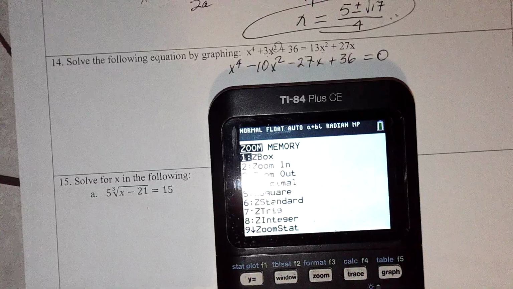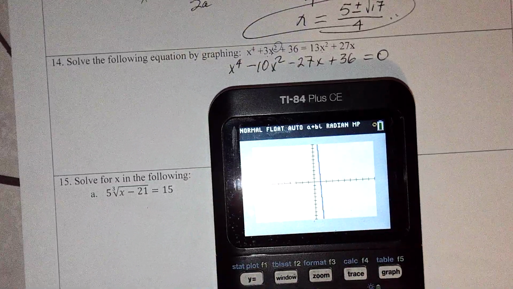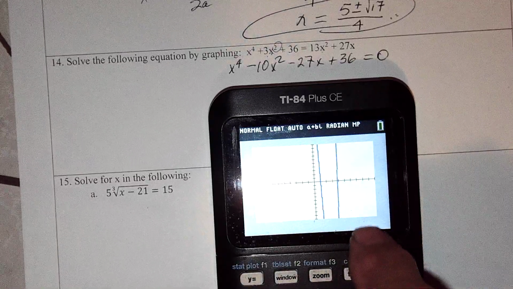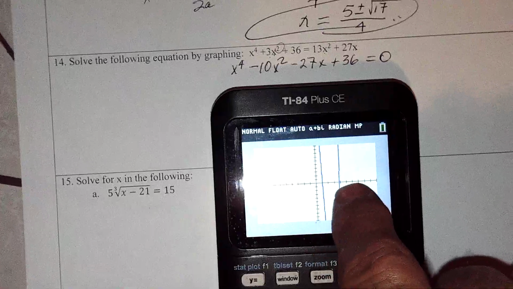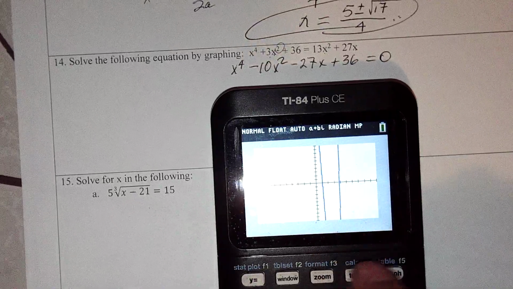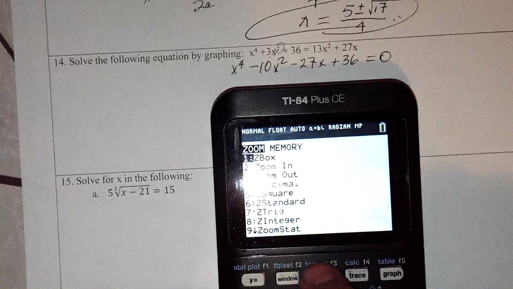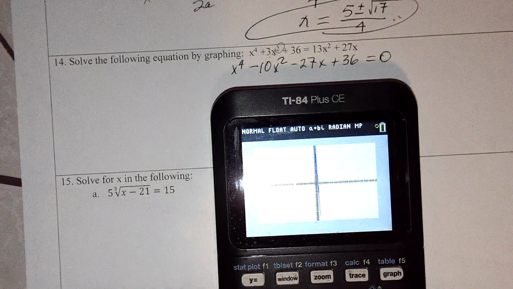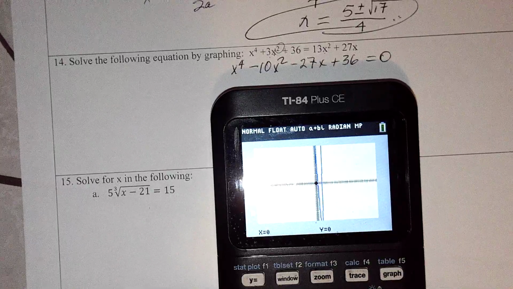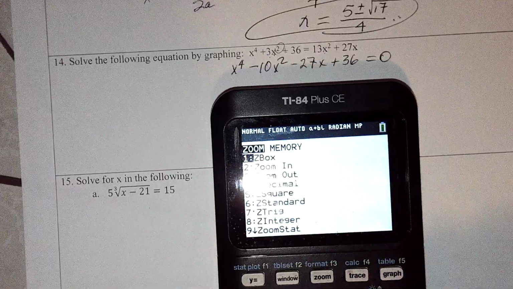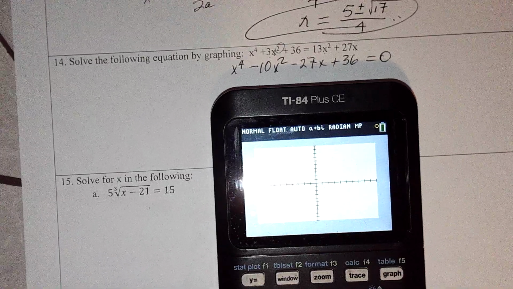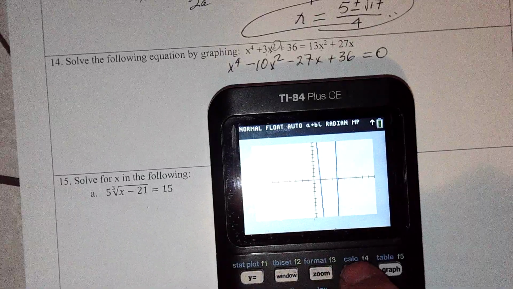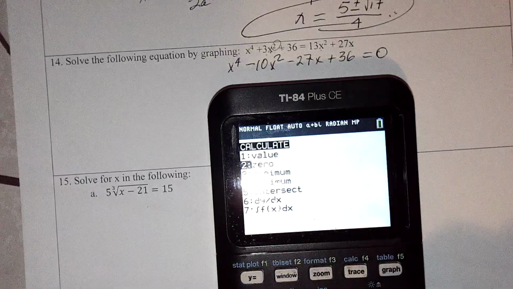And if I go zoom 6, it's not terrible. Looks like there's a solution here and a solution here. There should be 4. I'm going to zoom out. Yeah, I'm only seeing the 2. I'm going to go back to zoom 6. And I need to know that one. Second, calculate the 0.